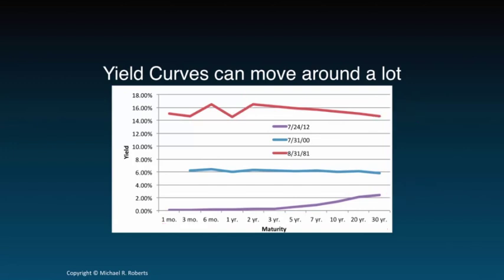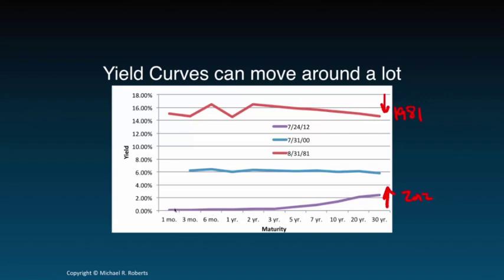Now, this raises the question, well, what does this mean? What does the upward sloping curve in 2012 mean as opposed to the downward sloping curve in 1981? Well, there's a lot of academic debate about that, but one popular opinion is that the slope reflects expectations of future interest rates.